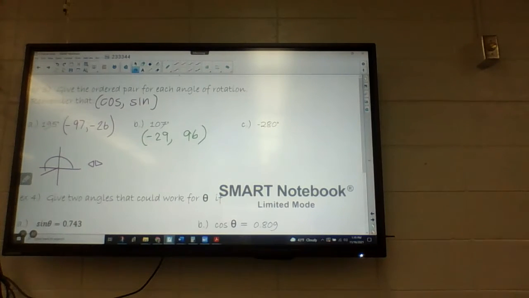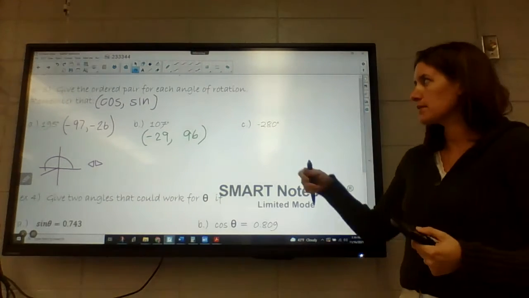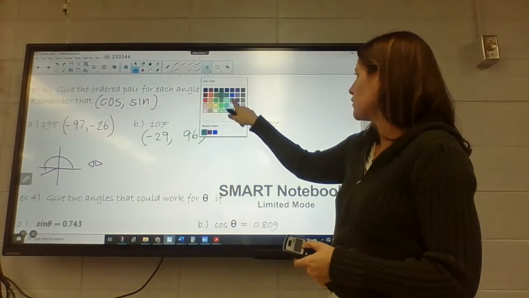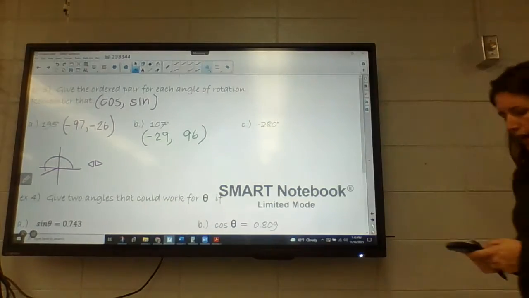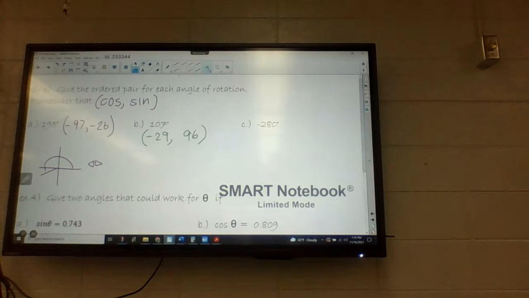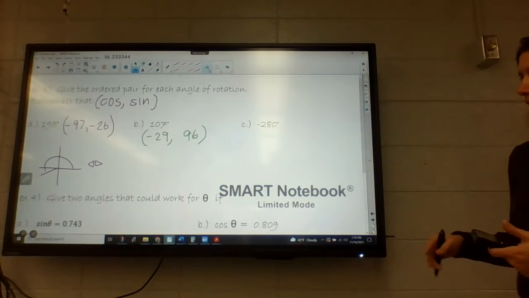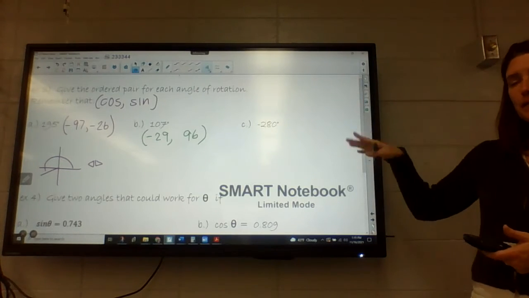So we're making sure that we're not doing something bizarre and getting these wrong when they're pretty easy to do. Now negative angles you can still put in your calculator. Negative 280 would end up in the last quadrant.